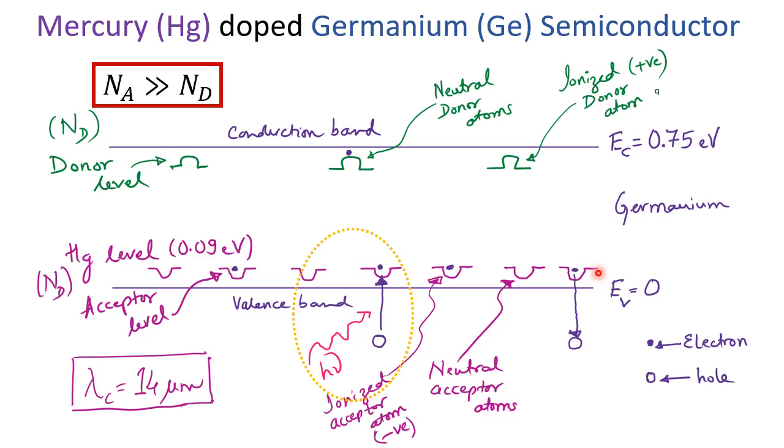So clearly there is a band gap, and this band gap is about 0.09 electron volt, which gives us a cutoff wavelength of about 14 micrometers, right? You need a photon which has got an energy larger than this band gap for this process to happen, and the largest effect does happen at the band edge. So this forms the cutoff wavelength, or the minimum energy required for such a release of the electron.